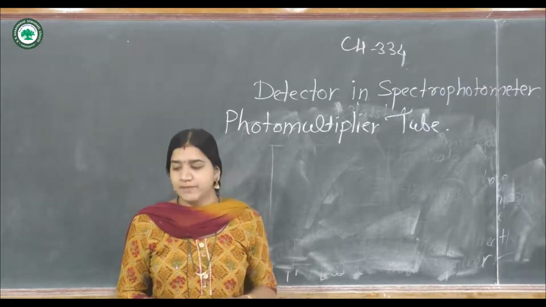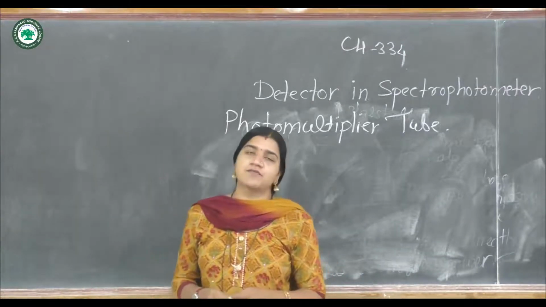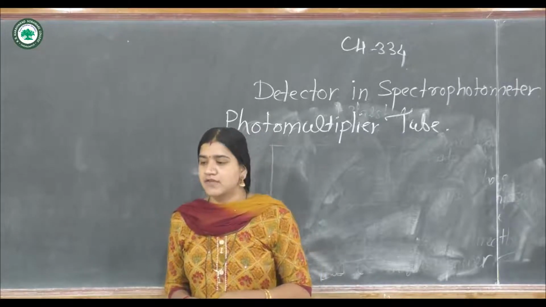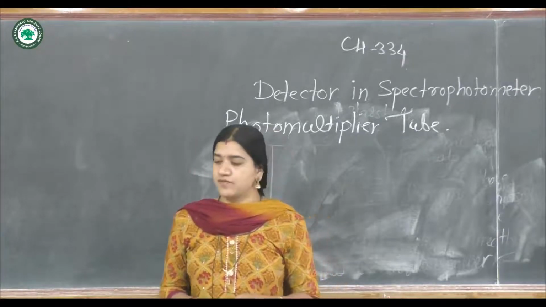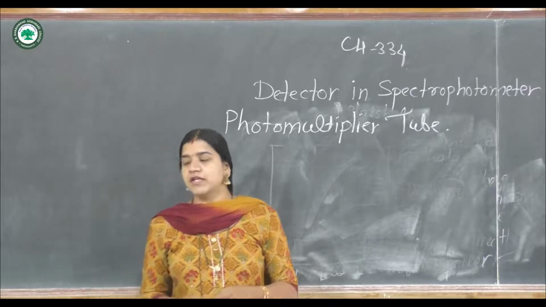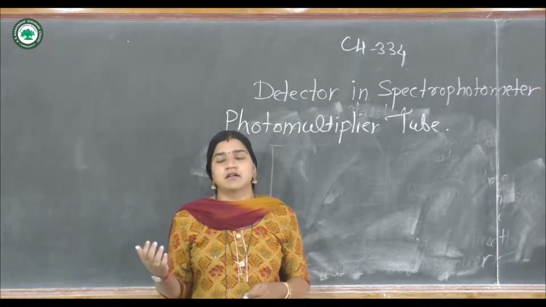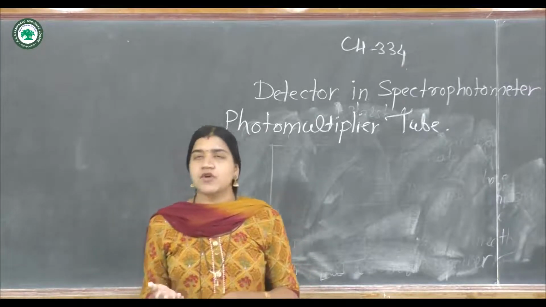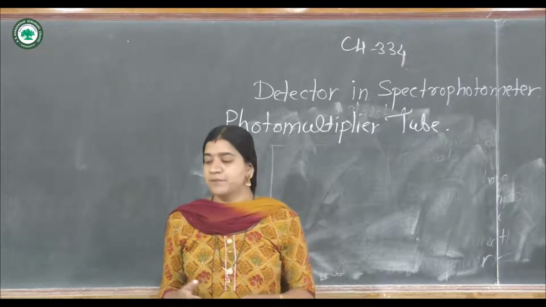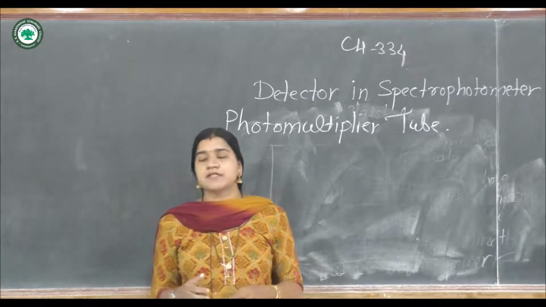So the photomultiplier tube contains a photoemissive surface as well as many other surfaces. So actually it emits a number of electrons from the photosensitive area. So what is actually the principle?